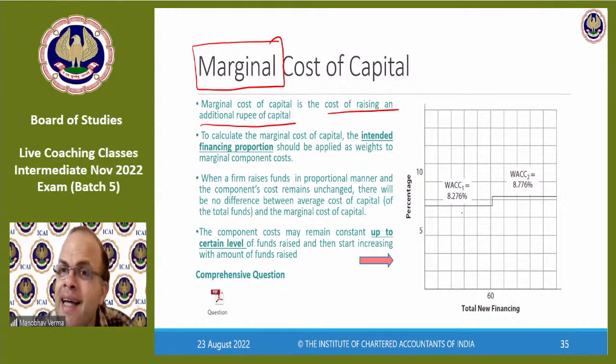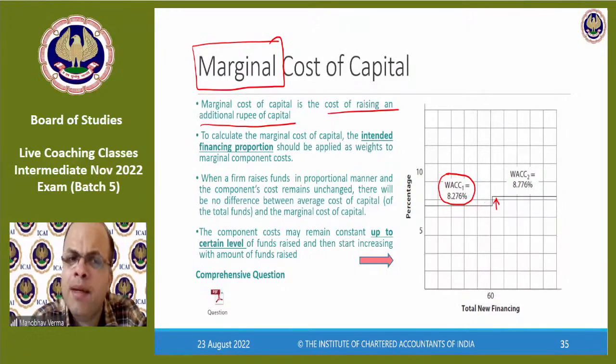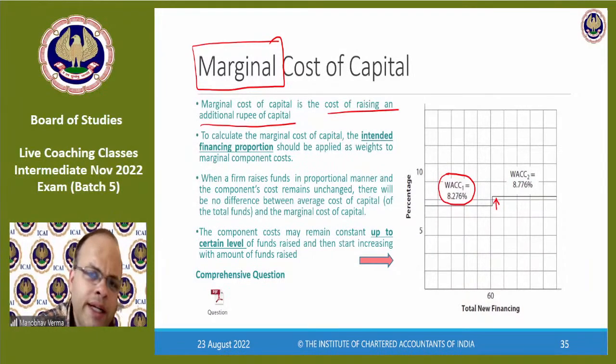If you see this diagram, you can see my weighted average cost of capital was kind of stagnant at some point, but suddenly there was a jump at this point because I had to go for additional financing. So we need to understand how we calculate the marginal cost of capital.